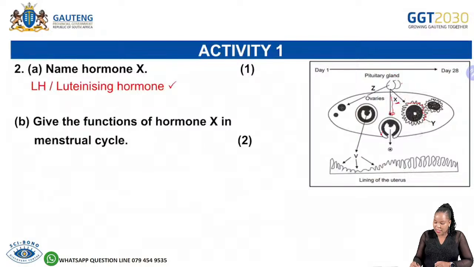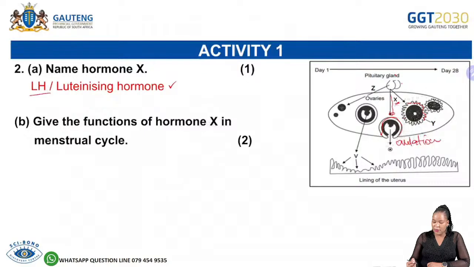It is forcing this thing to rupture, or causing it to rupture. So this process here is ovulation. Once you see that ovum being released, you know that is ovulation, and that is under the influence of the hormone luteinizing hormone, or LH.